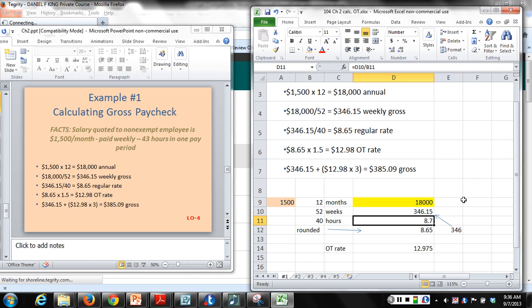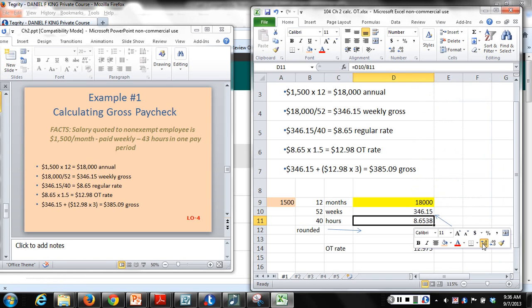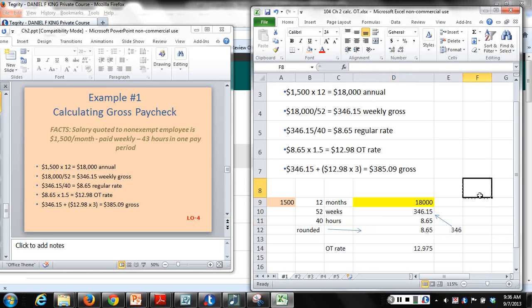It's displaying 8.7, but it's not really 8.7. Underneath, mathematically, it's a much different number. Here it is. Here's the real number mathematically. It's that number right there.